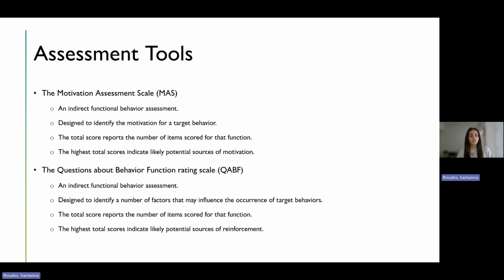The total score reports the number of items scored for that function, and the highest total score indicates the likely potential sources of motivation for the behavior. The QABF is kind of the same. It's designed to identify a number of factors that may influence the occurrence of target behaviors. For this one, the highest total scores indicate likely potential sources of reinforcement for the behavior. I'll go over her results of these indirect assessments.